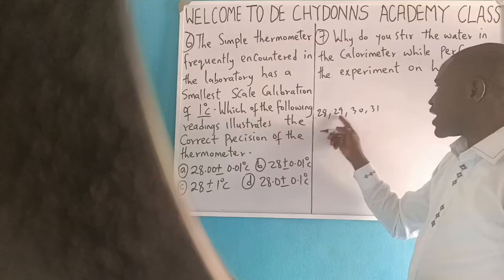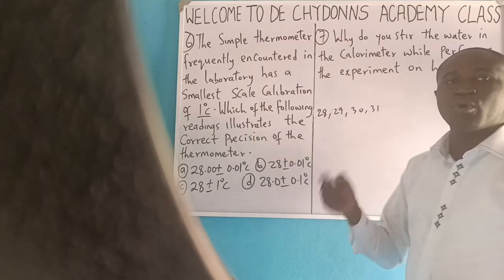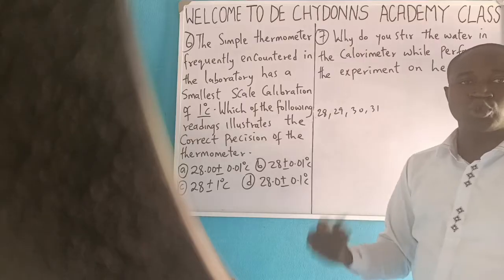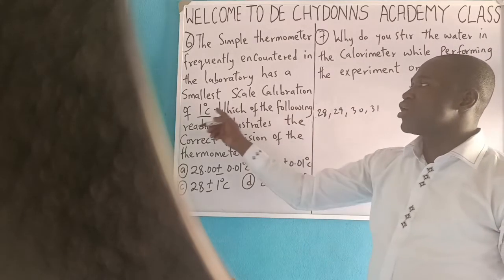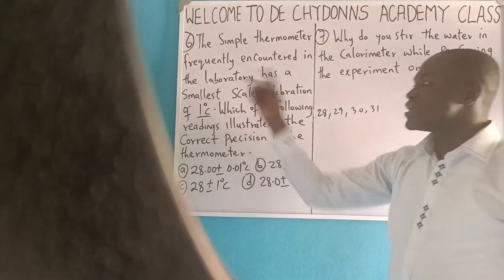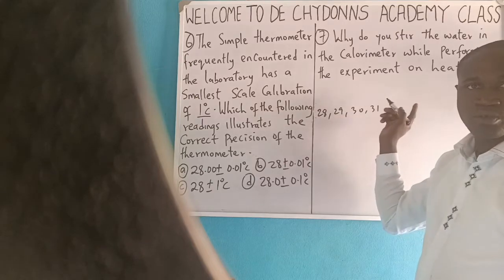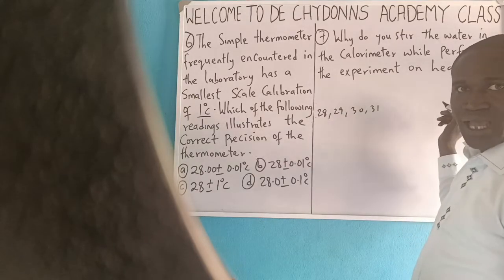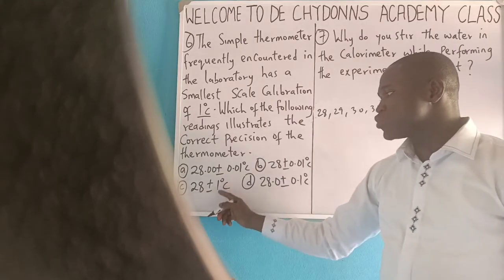You can't get 28.1, 28.2, 28.3 because they didn't tell you that the smallest reading is 0.1. Because they say 1 degree, it goes by 28, 29, 30, 31, and so on. Are you getting it? So the answer should be 28 plus or minus 1 degree Celsius.